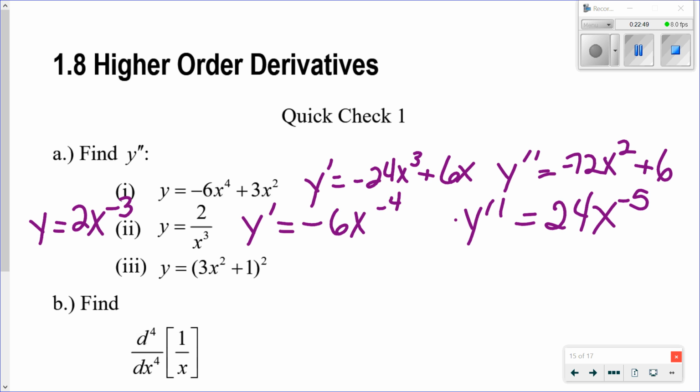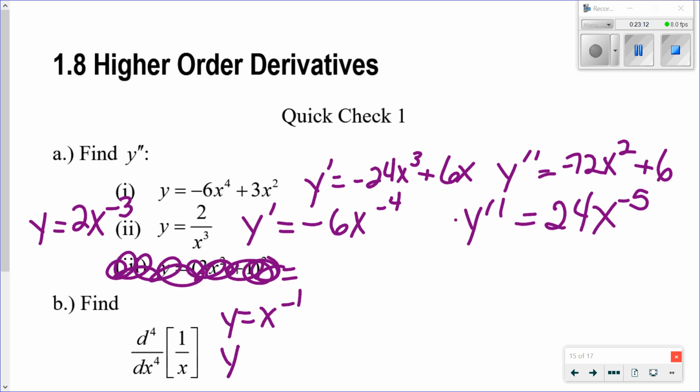On the third one, we have a chain rule. So you know what, we're going to skip that one this time because we don't want to keep doing chain rules, second derivatives of them, since we just did an incredibly difficult one. And this last one, remember, y equals x to the negative 1, which means y prime is negative 1x to the negative 2.